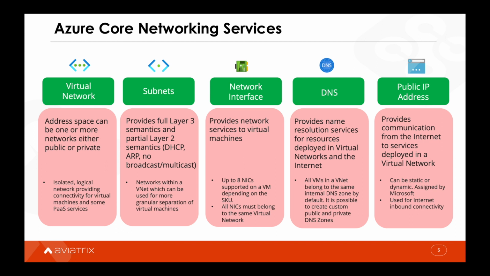One important thing to note, public IP addresses are only required for inbound internet connectivity. Unlike AWS, for example, all virtual machines have outbound internet connectivity by default, regardless of whether they have a public IP address or not. This is just the design of Azure.